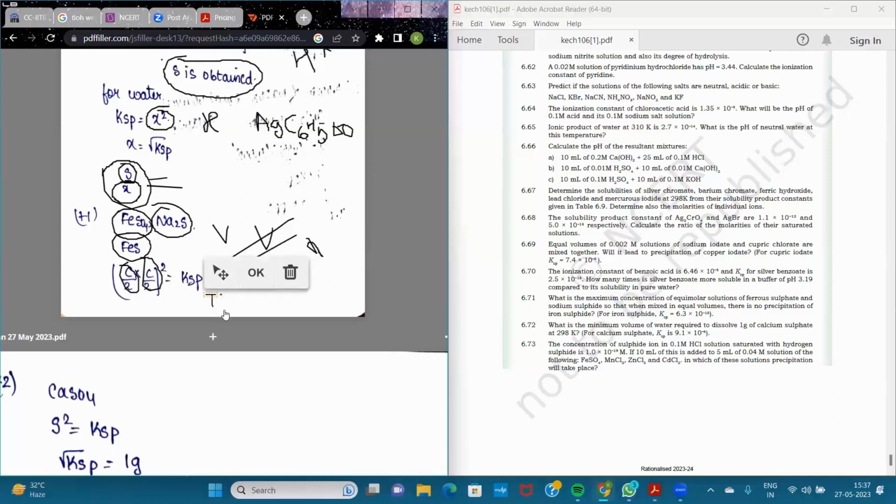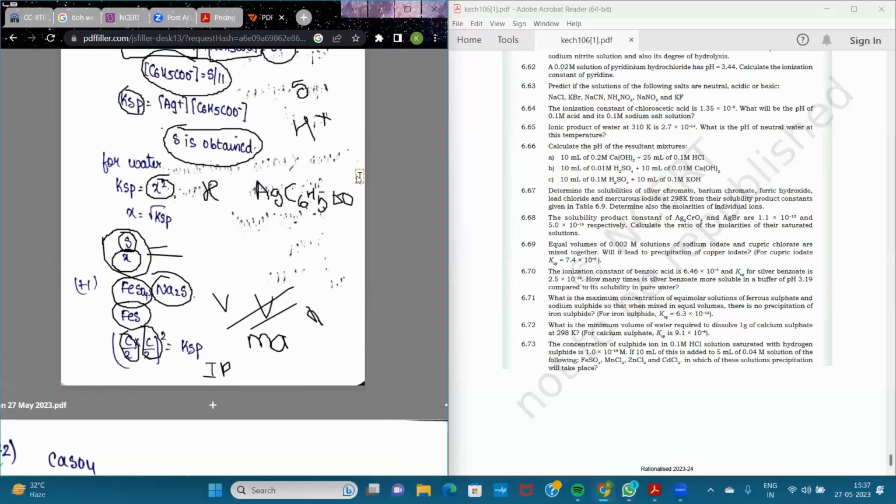That is, the ionic product should be less than KSP. In that case only, when we mix these two solutions, we'll not find any precipitation. So for finding the maximum value, we'll equate it to the KSP. We'll find the limiting value to prevent it from precipitation.